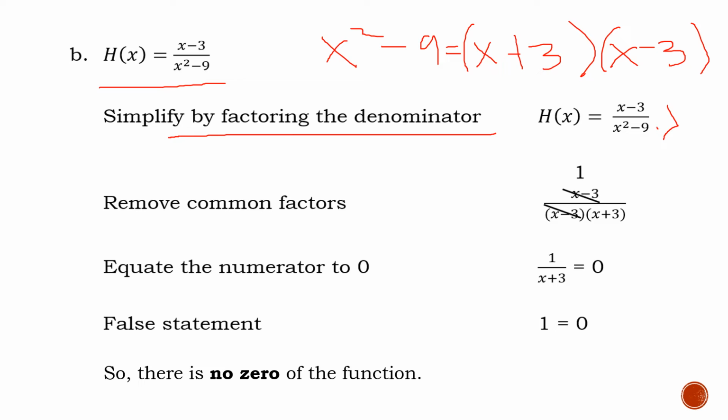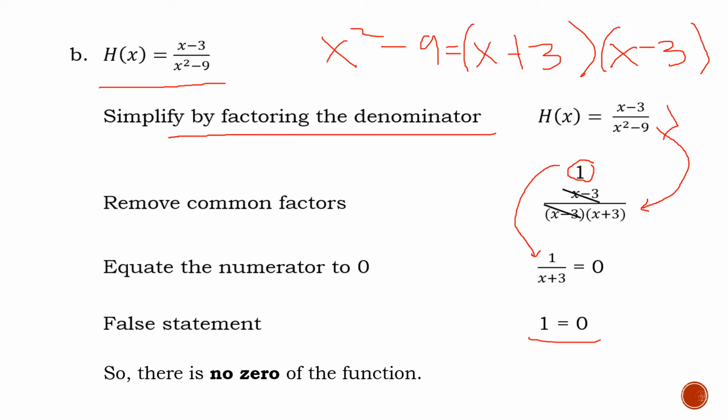So if we simplify this one, no, then we can cancel out your x minus 3, x minus 3. That's why it becomes 1. So your numerator now becomes 1 here, and then we equate this numerator to 0.